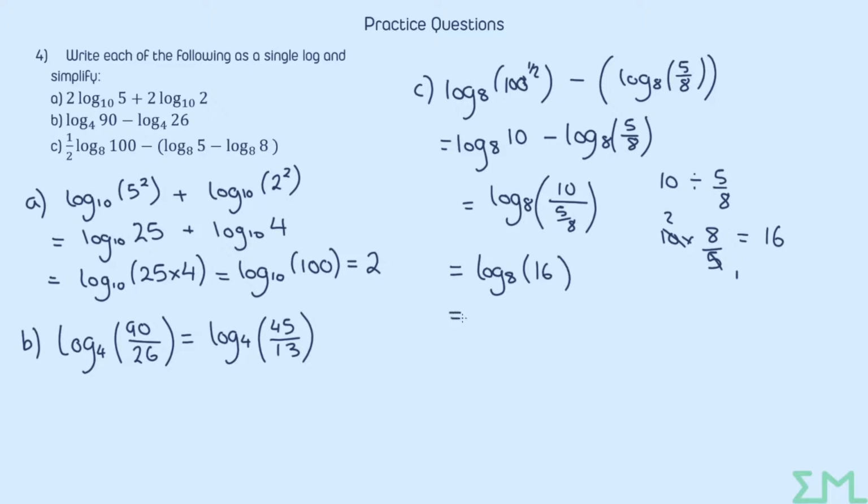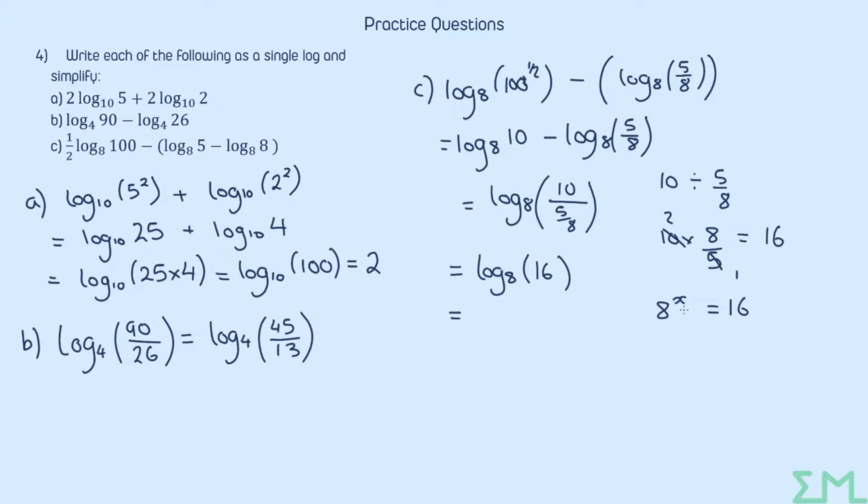Don't fall into the trap of thinking, oh, 8 doubled is 16, therefore the answer is 2. We are working in powers here, so we need to link base 8 with 16. What power of 8 gives us 16? Well, we have to link these together into the same base number.